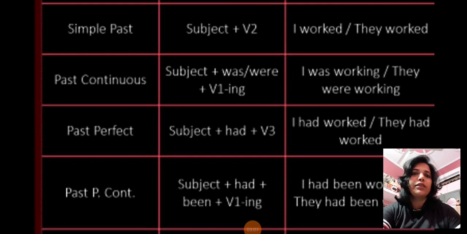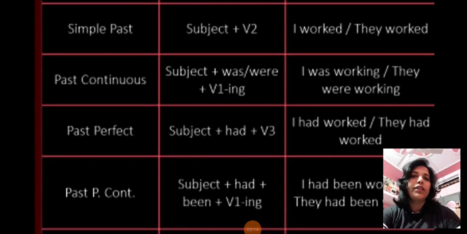You have to make a set of verbs which are frequently in daily use. Okay, so this way, I worked, they worked, he worked, she worked. So you need not worry, you need not be confused, because there is only the second form. Always in simple past, always the second form of the verb will be used.